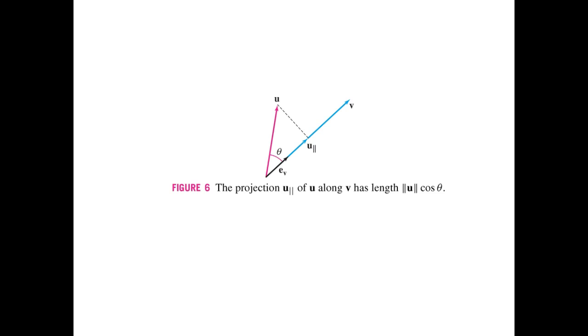The cosine of this angle times the magnitude of U gives you the magnitude of U parallel. And that's exactly what this is saying here: the projection of U parallel to V is the magnitude of U times the cosine of the angle in between. Hypotenuse, adjacent side.